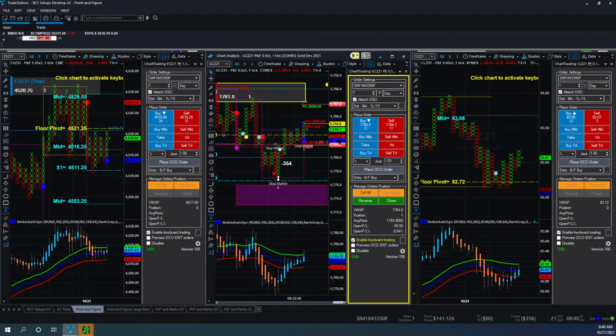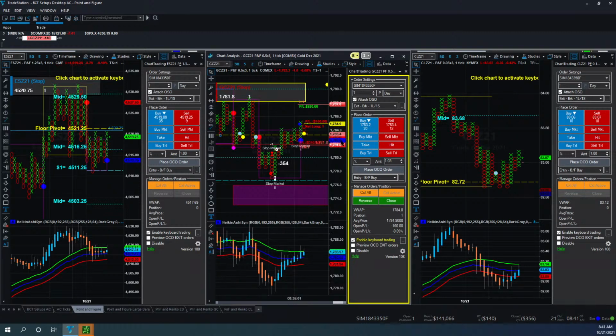This is very, very choppy. Drifting higher though, but with not that much conviction, so I wouldn't be surprised if it goes back and takes me out. And if this bar in the Renko closes lower, I'm going to get out.